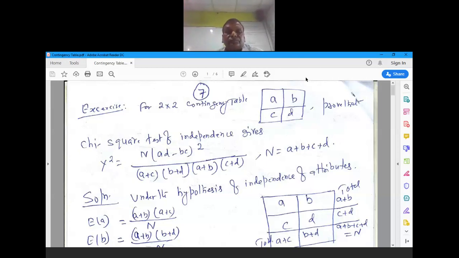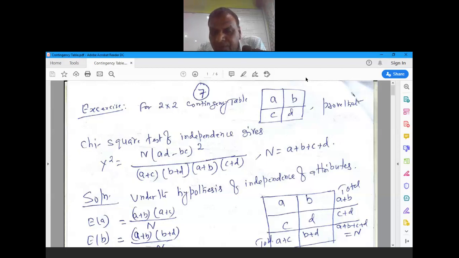Under the hypothesis of independence of attributes, remember our null hypothesis is that the two attributes are independent of each other. Have we prepared the 2 by 2 table?